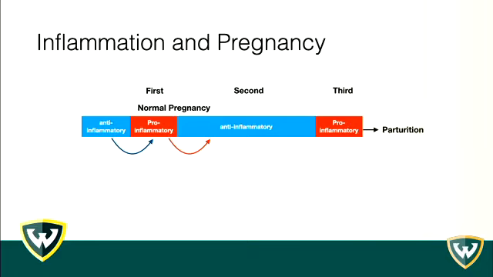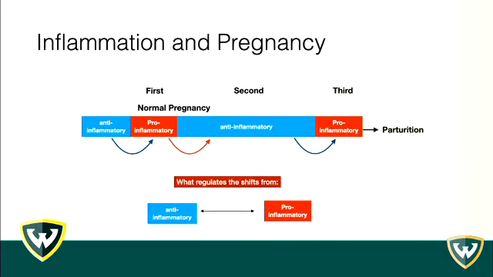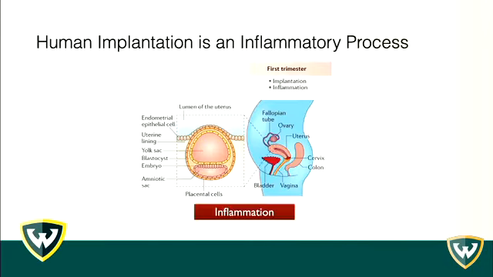That anti-inflammatory state is much of the second trimester, or much of the whole pregnancy. And then there is another shift in the environment, in the body, that leads to the inflammation necessary to parturition. So a major question that we're trying to understand today is what regulates those shifts from the anti-inflammatory into the pro-inflammatory and vice versa.